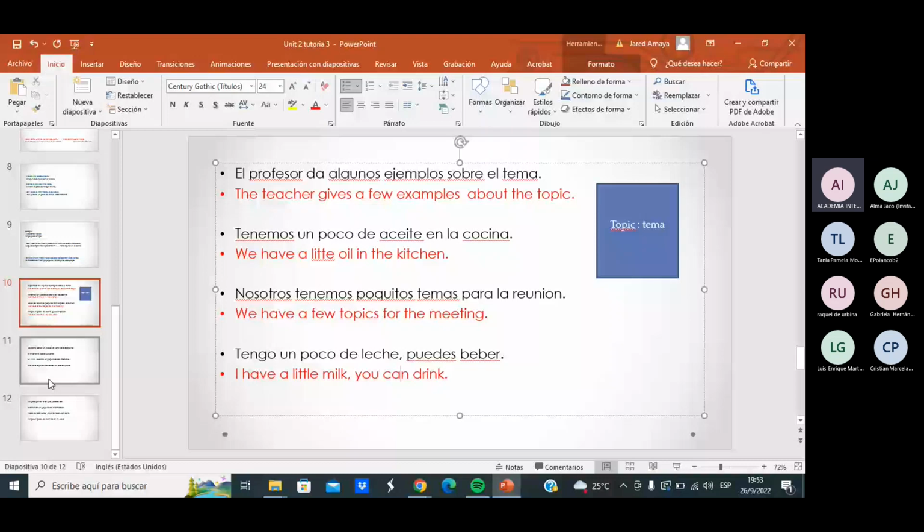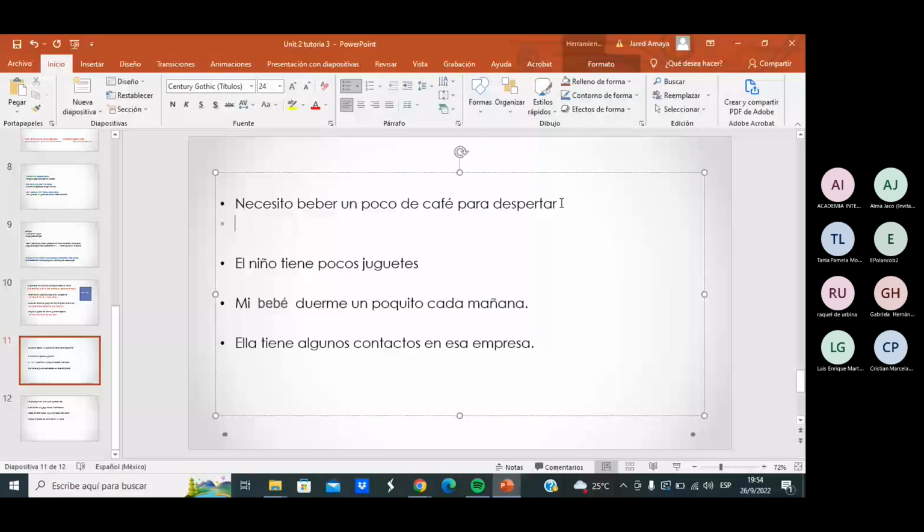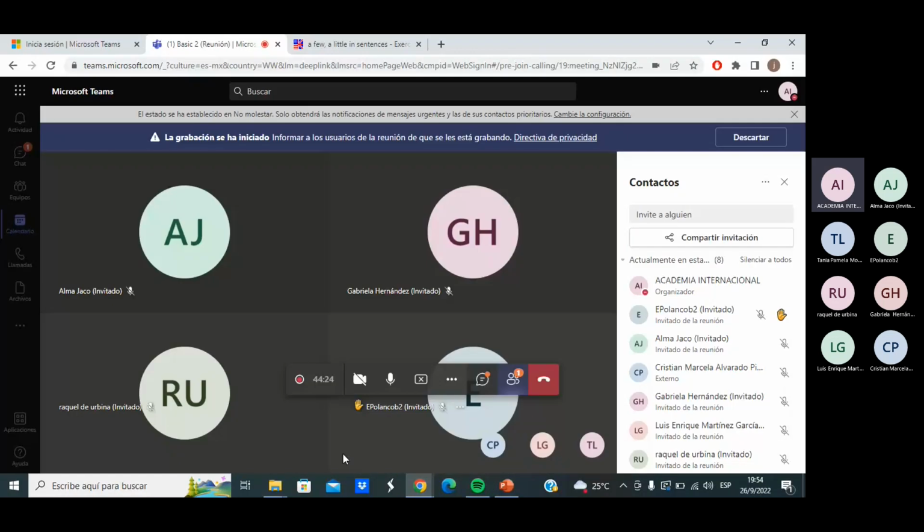Okay, here I have more examples. I don't know if Enrique, are you here? You can help me out with this one. Well, I think that he is not here. Raquel, what about you?